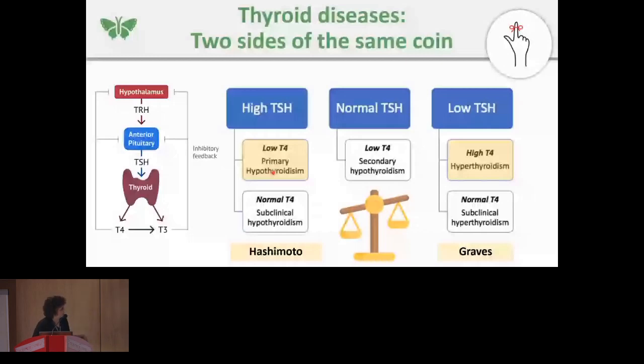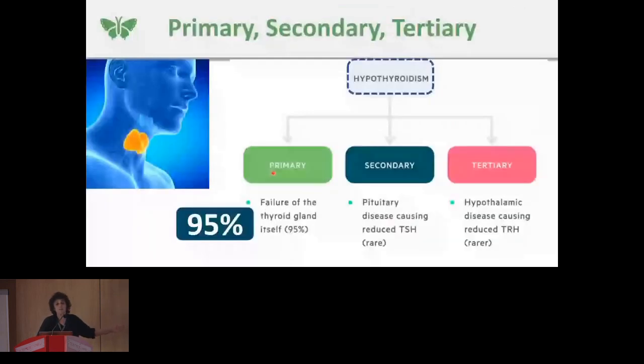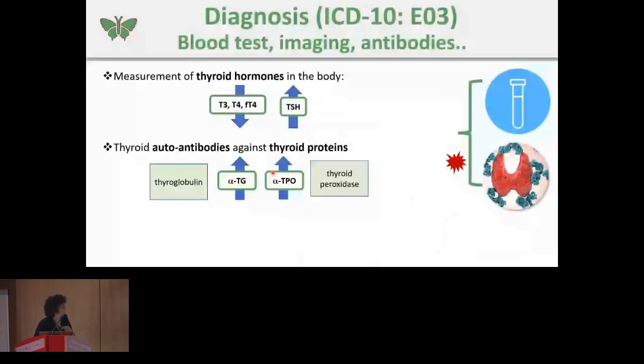So to summarize this part, we're having primary, secondary, and tertiary, but 95% of the cases are this primary one. Okay, so just to know from numbering. So how do we measure them? The ICD-10 is E03, and you do blood tests, imaging, and more often measuring antibodies in the blood.